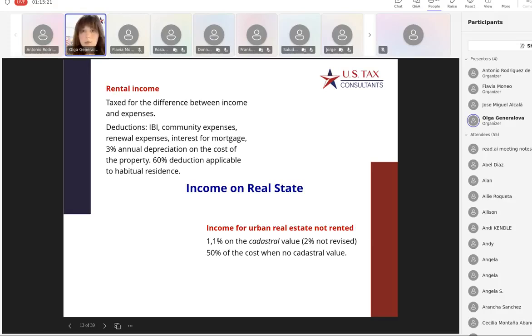Unlike the US, annual expenses like community fees or the IBI, the local property tax, can only be deducted for the portion of the year that the property was actually rented. Mortgage interest is deductible too, but with a limit. It cannot exceed the rental income earned during the tax year.